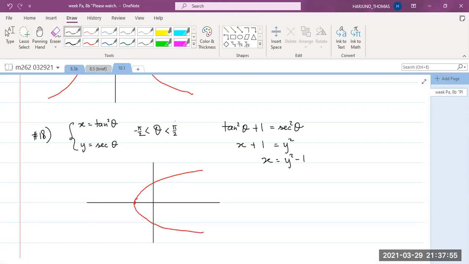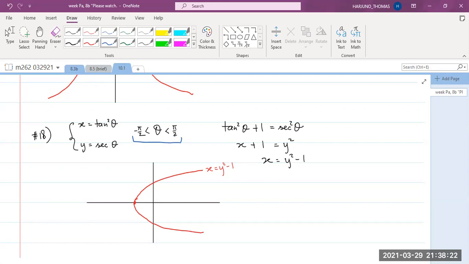That's x equals y squared minus 1. But then I need to pay attention to the domain of this theta.